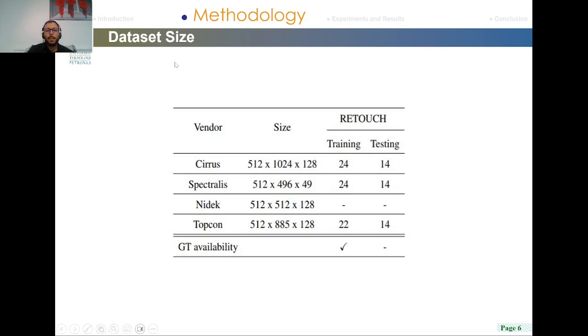As for the dataset size, it comes in volumes. It's not a grayscale image, meaning it's not a 1D image or 3D image, but rather a volume, which has 128 images for Cirrus, 49 for Spectralis, and 128 for Nidek and Topcon. What was provided in the challenge is the training dataset, and the testing was left for the organizers of the challenge.